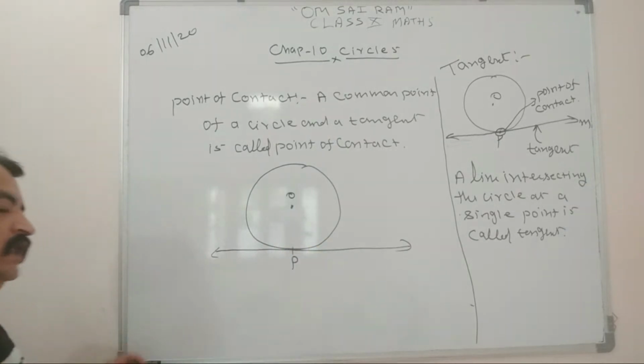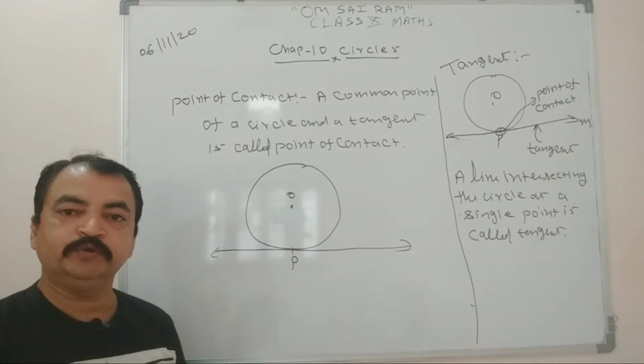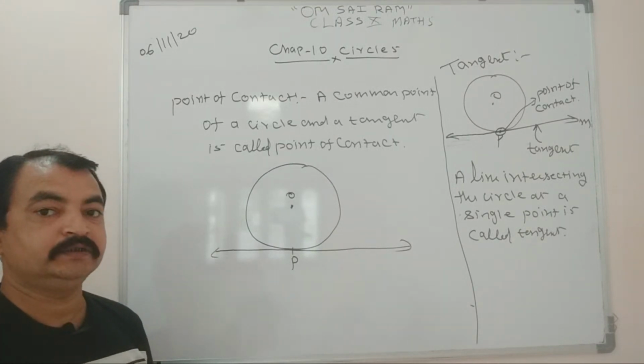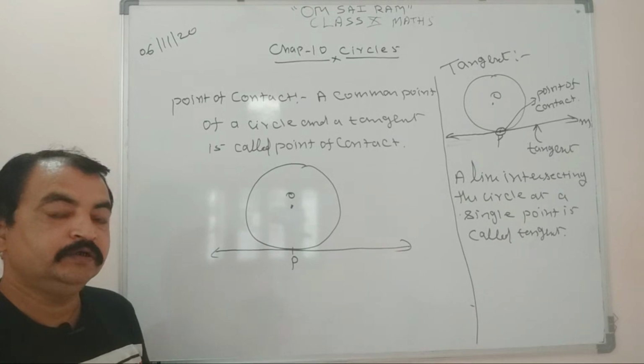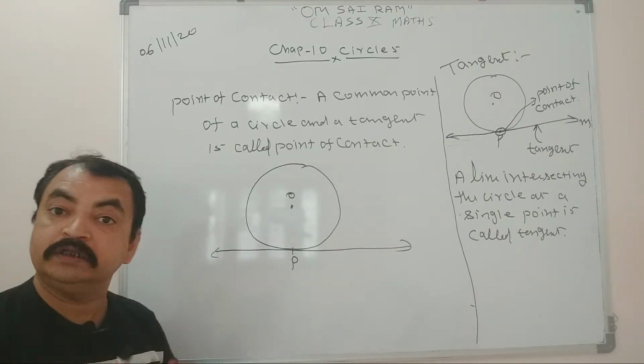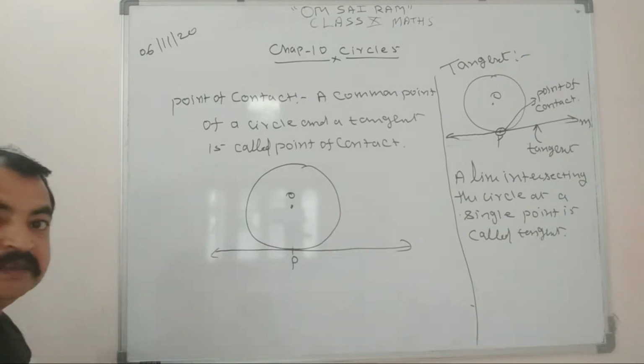See, children, as I told you, the position of a point which is at a distance equal to the radius from the center is on the circle, that is, on the circumference of the circle, children.